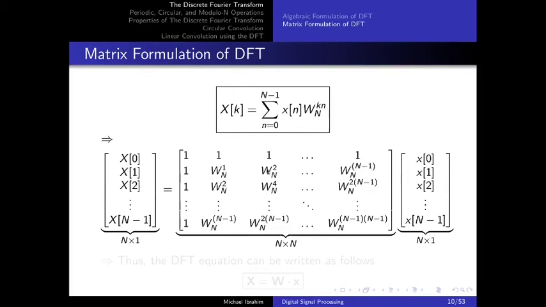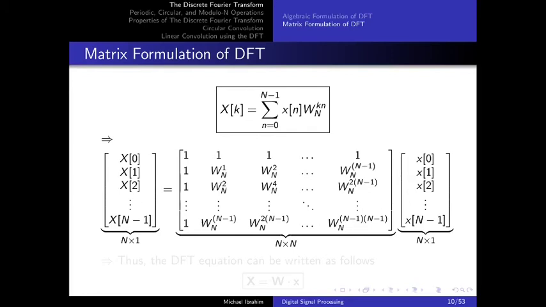The second row corresponds to k equal to 1. The third row corresponds to k equal to 2 until we reach the last row, which corresponds to k equal to n capital minus 1. And the first column over here corresponds to n equal to 0. The second column corresponds to n equal to 1 until we reach the last column, which corresponds to n equal to n minus 1.